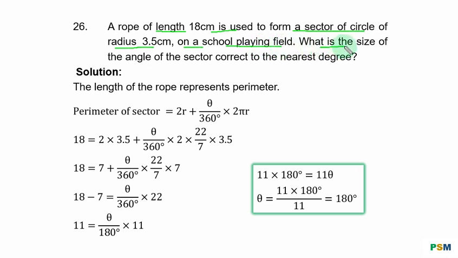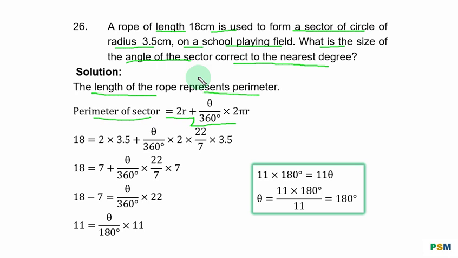What is the size of the angle of the sector correct to the nearest degree? Solution. The length of the rope represents perimeter. Therefore, perimeter of sector is given by this formula.